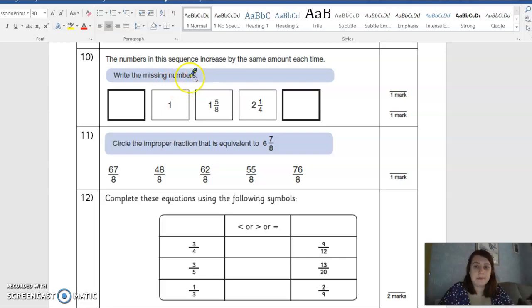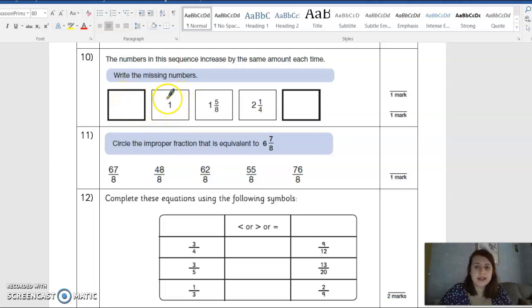Write the missing numbers. To work this one out, we need to first work out what each fraction is going up by. Now, really easy because I can see that we've got 1 and then we've got 1 and 5/8. So we're adding 5/8 each time. To do this really easily, we need to work backwards to work out this missing number.